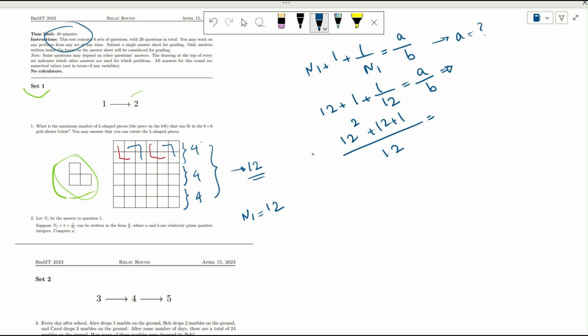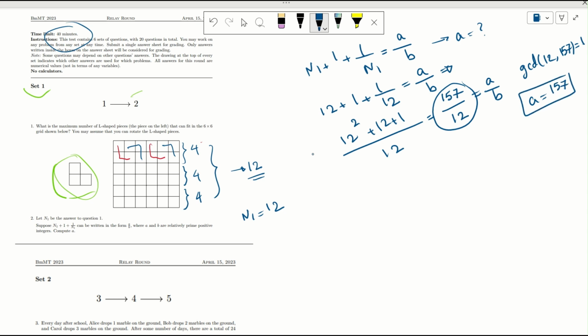If you do this, you're going to end up with 157 over 12 written as A over B. We know that A and B are positive integers and relatively prime, and the GCD of 12 and 157 is 1. This means A is going to be 157, and that's our answer.